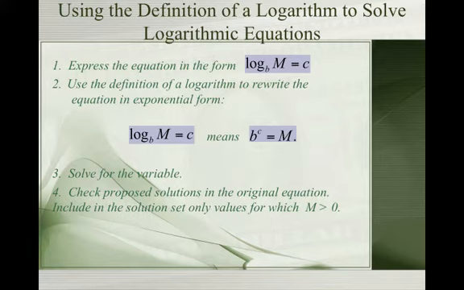Okay, include in the solution set only values for which m is greater than 0, meaning whatever we get inside the logarithm has to be a positive number bigger than 0. Okay, and so you're going to see where I do an example, check a couple answers, and one of them doesn't work because we get a negative number. All right, so number 4 is key. You've got to check your answers.